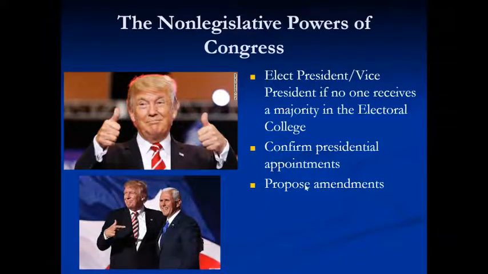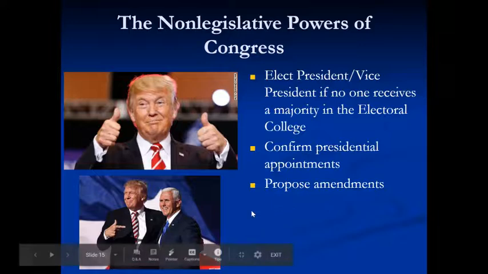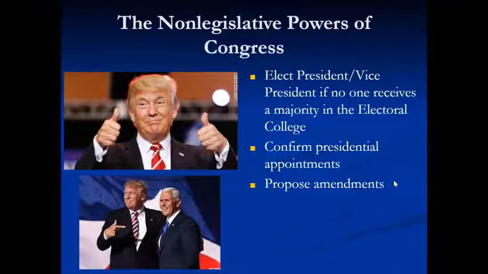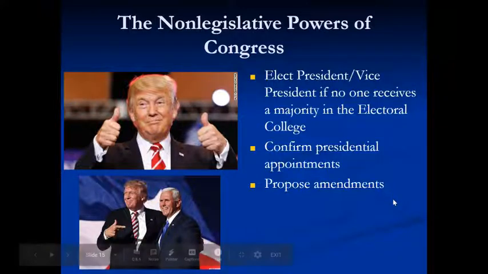Well, in the state of North Carolina, it's pretty simple. They put it on the voting ballot, and the people of North Carolina take a vote on an amendment. If the majority vote for an amendment, then North Carolina gives a thumbs up. If we vote it down, we give a thumbs down, and we need to get those 37 states to approve to make an amendment to the Constitution.